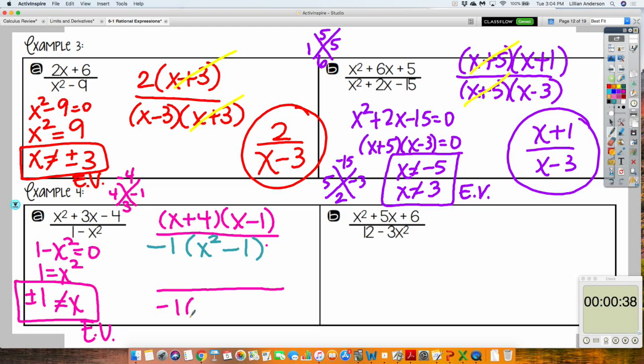How does x squared minus 1 factor? X plus 1, x minus 1. I take the square root of x squared, I take the square root of 1, and that becomes my a and my b that I plug into that formula.